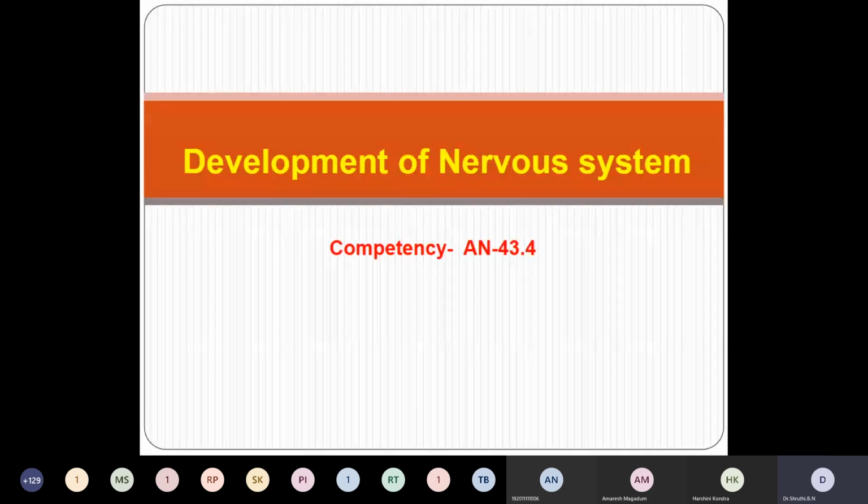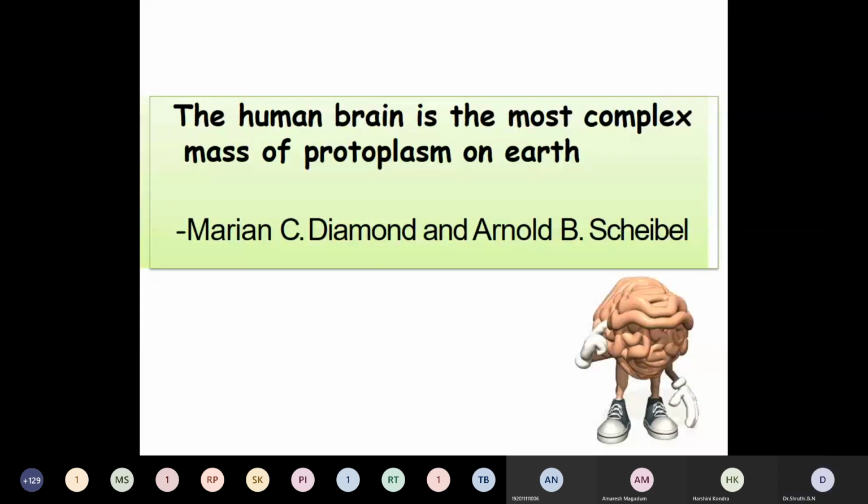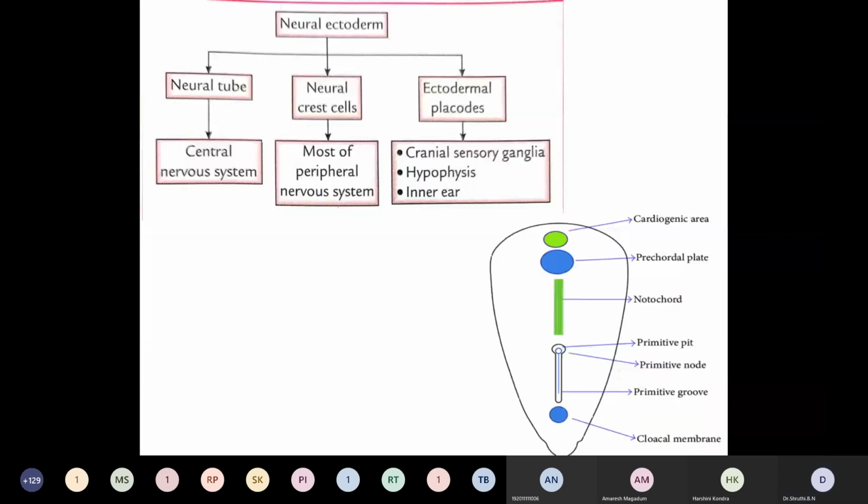So the competency covered here is 43.4. As it is said by Marion C. Diamond, the human brain is the most complex mass of protoplasm on the earth. Hope you all agree for this, right? Nervous system, you know that we broadly classified into central nervous system and peripheral nervous system.